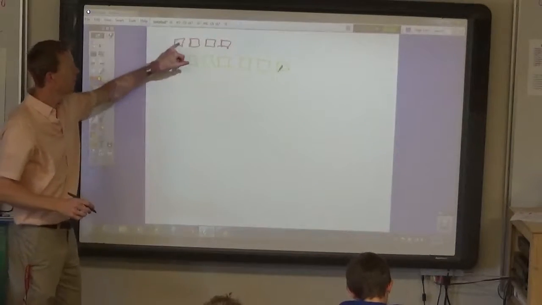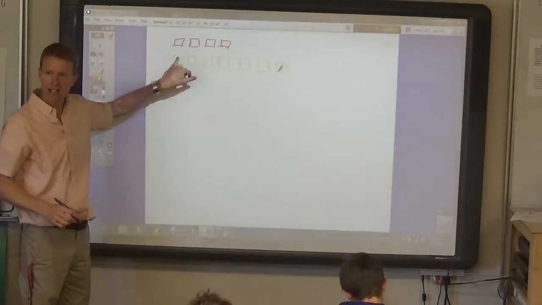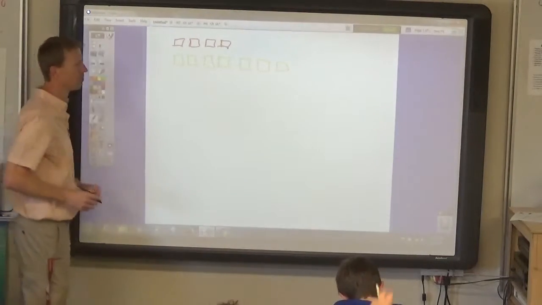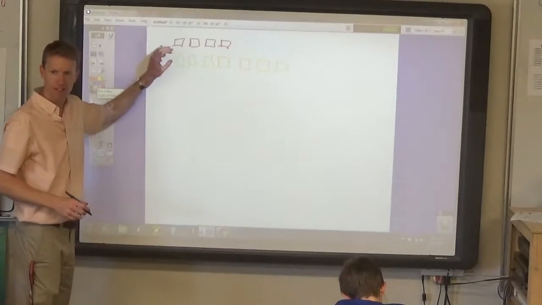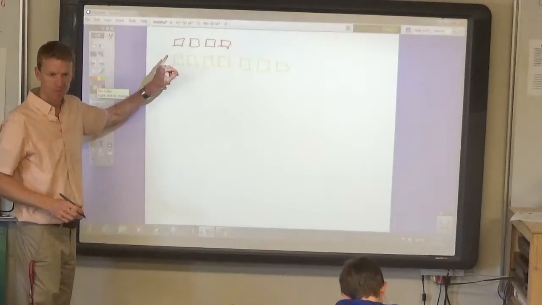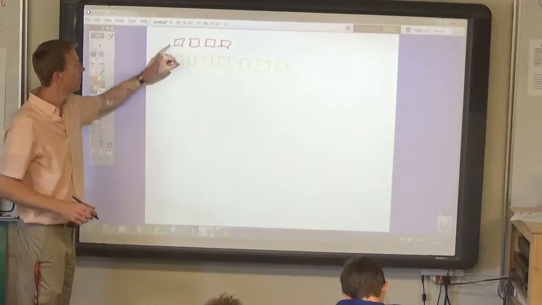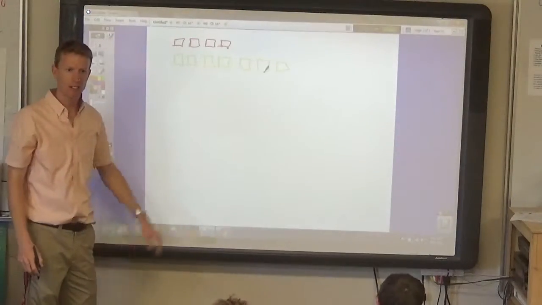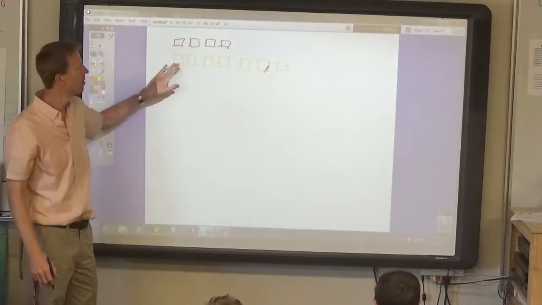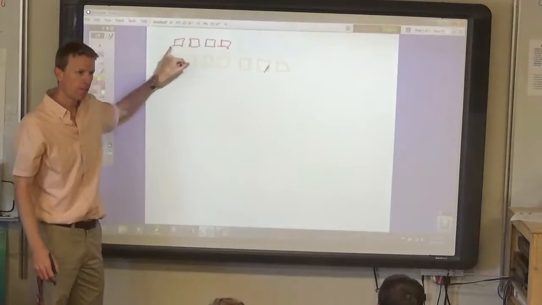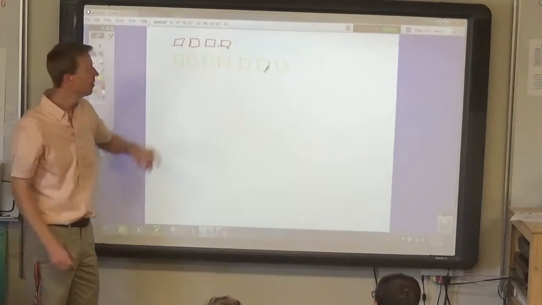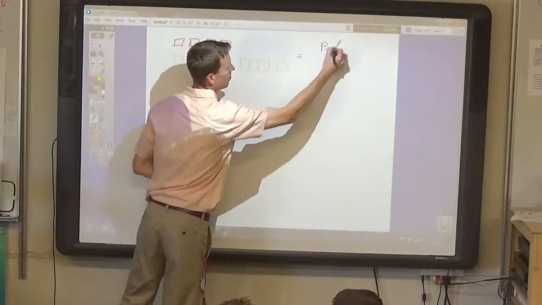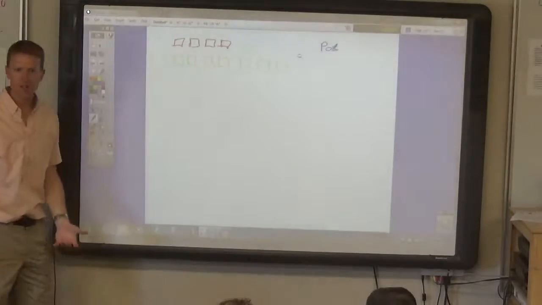When you have positive and negative, you're finding the difference. Which one would have a bigger absolute value? Positive or the negative? The positive would have 7 as an absolute value because there's 7 of them. And the negative would have only 4. So our answer is going to be positive. And then you find the difference.